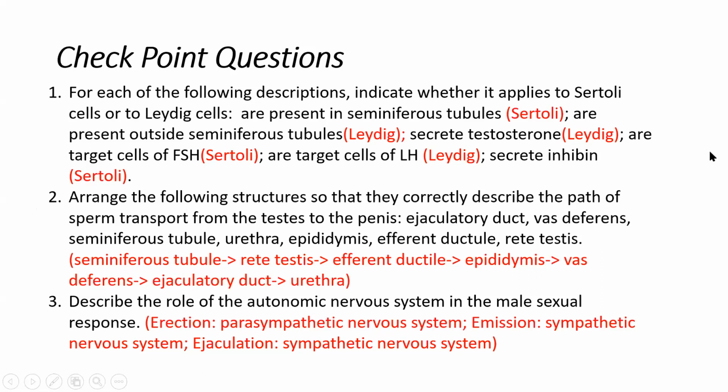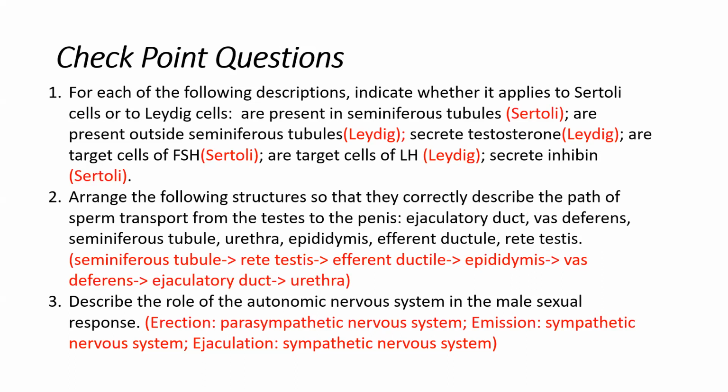Question 2 here, arrange the following structures so that they correctly describe the path of sperm transport from the testis to the penis. So the correct series of structures is from the seminiferous tubules. So we know that the development of sperm happens from the basement membrane of these Sertoli cells all the way to the luminal surface of the Sertoli cells.